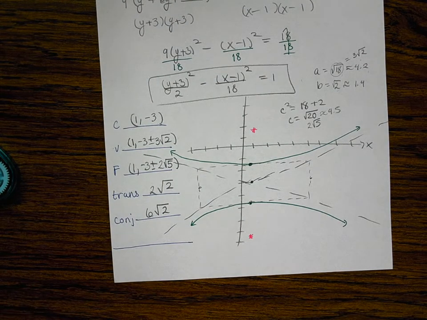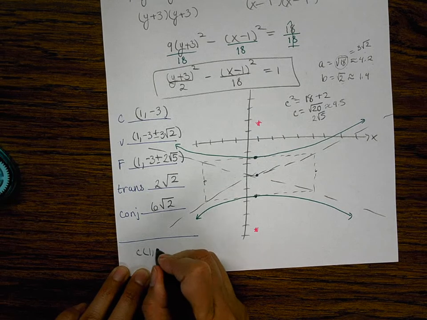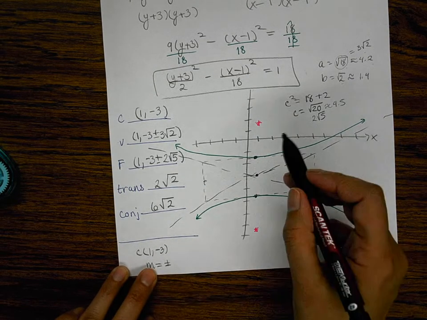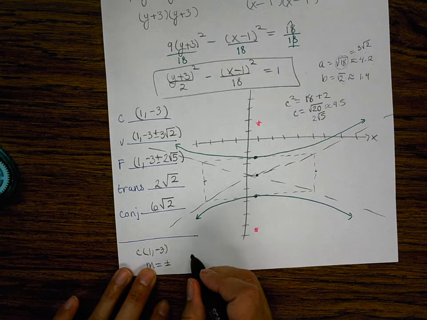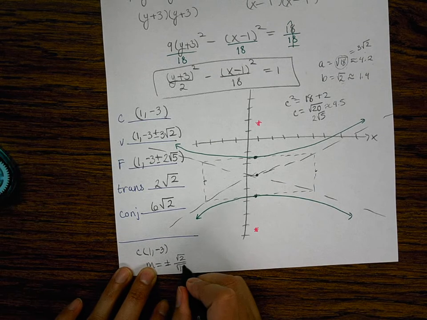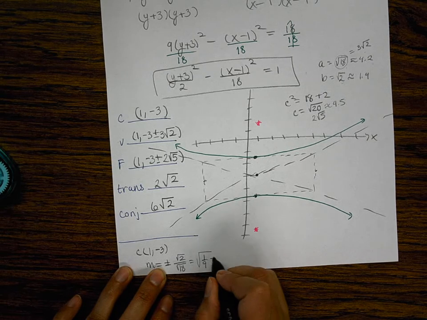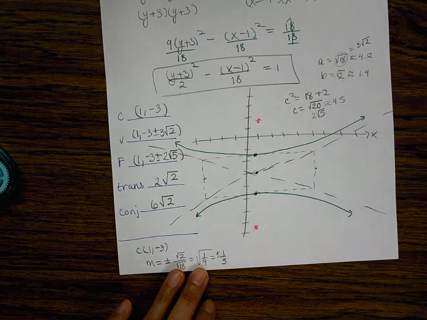Okay. And then here I need my center, which is 1, negative 3. And my slope is plus or minus b over a. B is root 2 over a is root 18, which reduces to, I'm going to write a big square root, 1/9, and the square root of 1/9 is 1/3. So my slope is plus or minus 1/3.